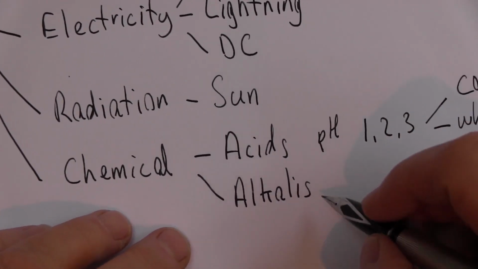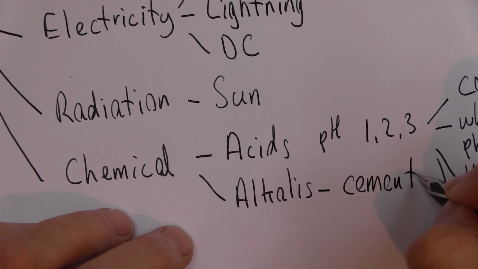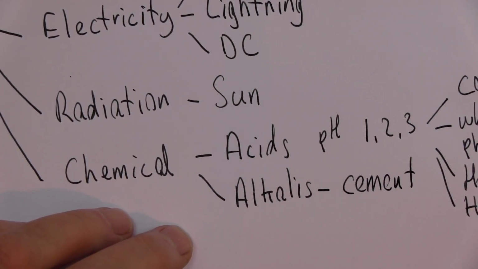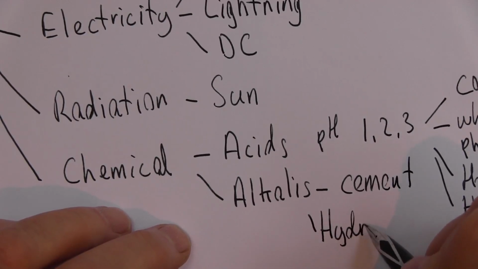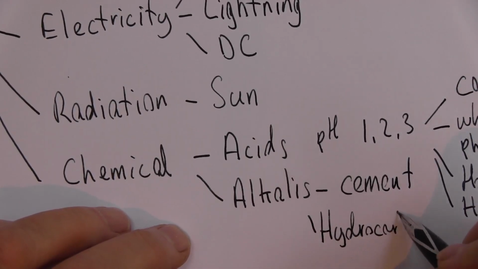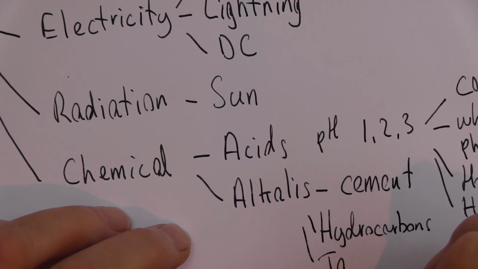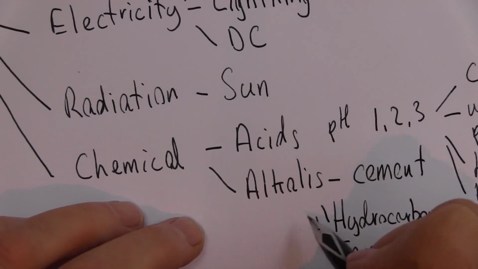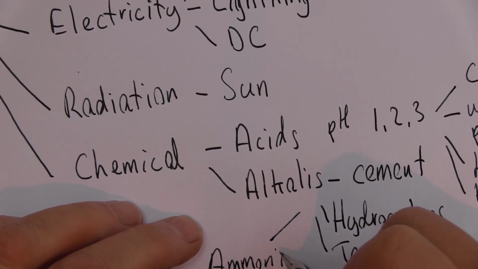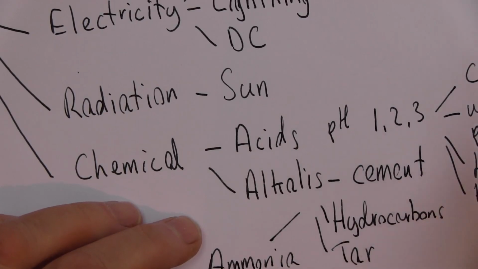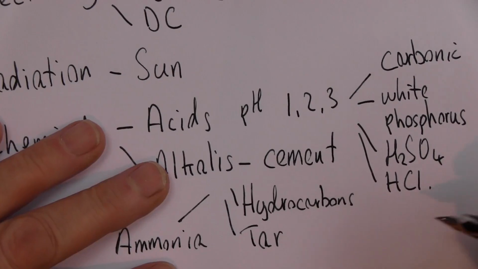So this can be things like cement, or plaster for plastering walls, hydrocarbons, tar is alkaline, ammonia, all alkalines, and these have pHs that are high.